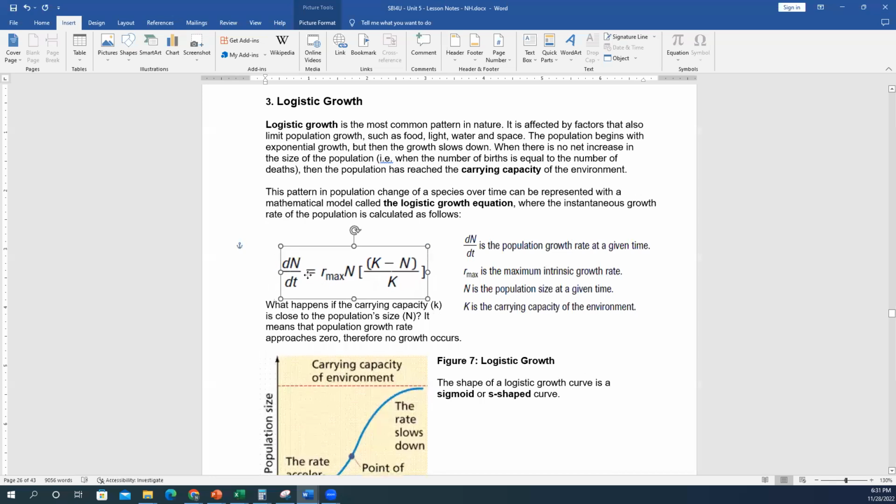Again, dN over dt is the population growth rate at any given time. So at any instant, that's why it's called the instantaneous growth rate. R max is the maximum intrinsic growth rate. N, uppercase N, is the population size at a given time t. And K, uppercase K, is the carrying capacity of the environment.